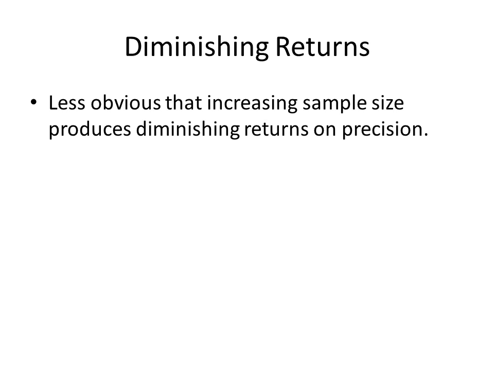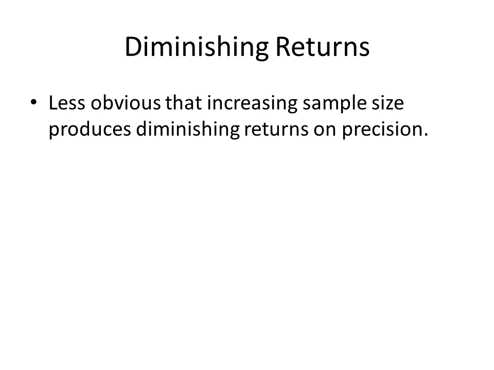Now, we might look at it from the perspective that it's always better to have a larger sample. Well, not necessarily. So now let's talk about how increasing sample size also produces diminishing returns.